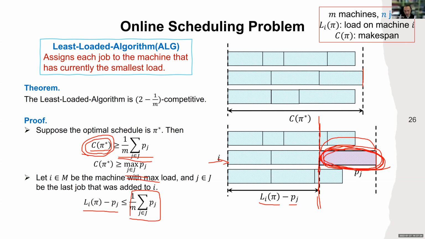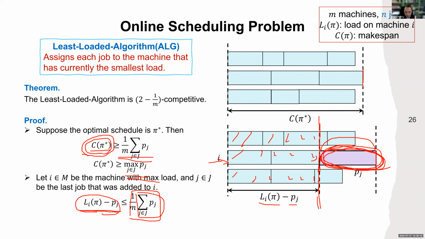No machine has already finished all the jobs allocated to it. So you see the area of all the jobs must be smaller than the total processing time. So if you multiply M on top of this time, it will be less than the total processing time, so this time is less than the total processing time divided by M. This must be true.